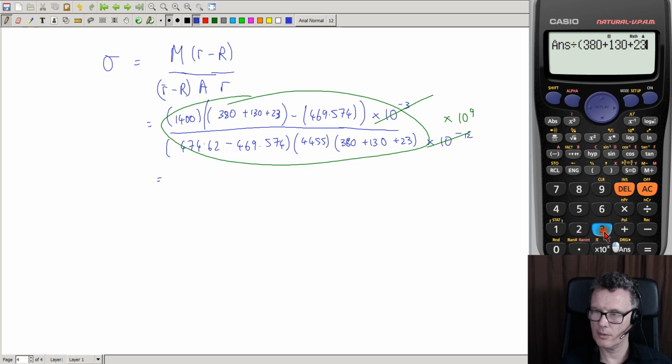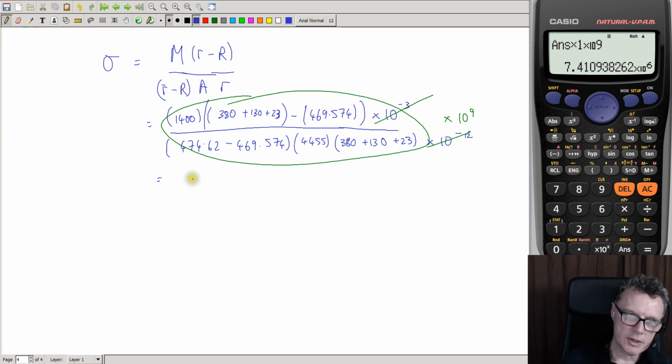Whoops. So 7.4. And I think that's fine. So 7.4 megapascals.